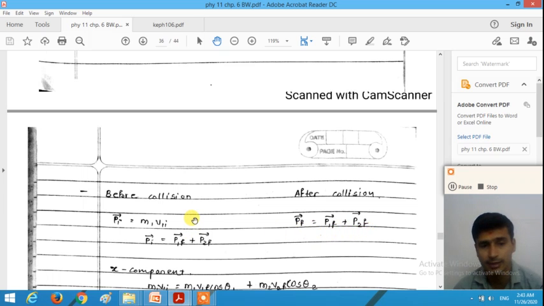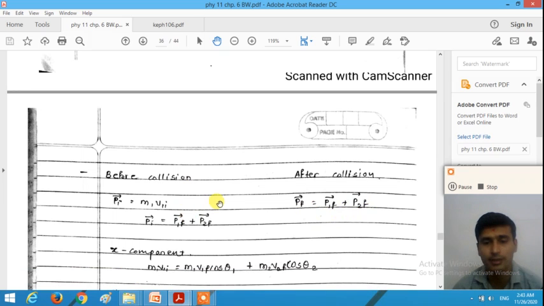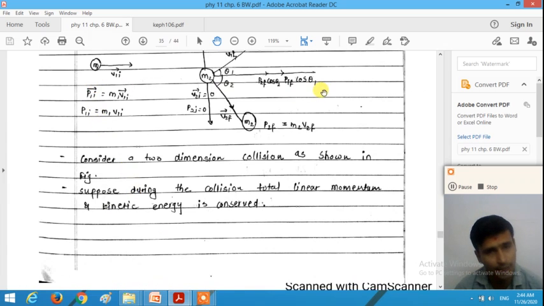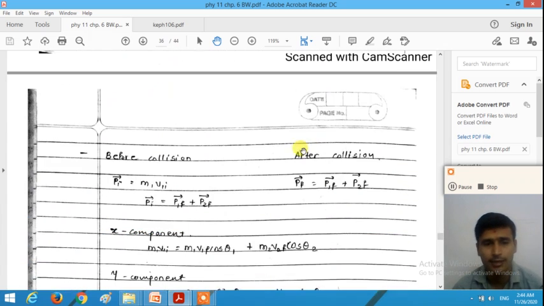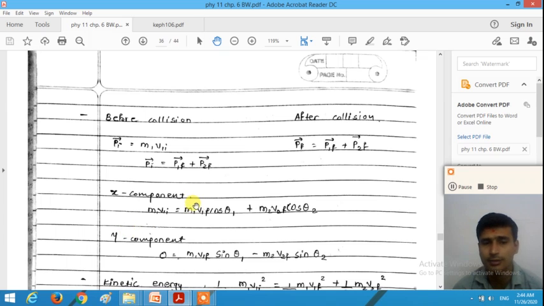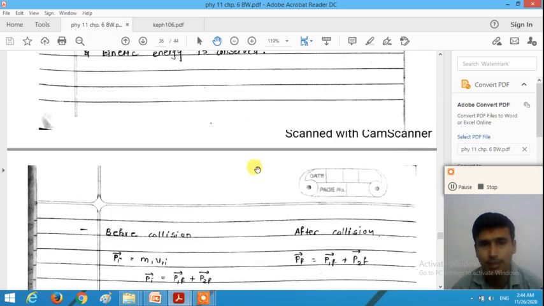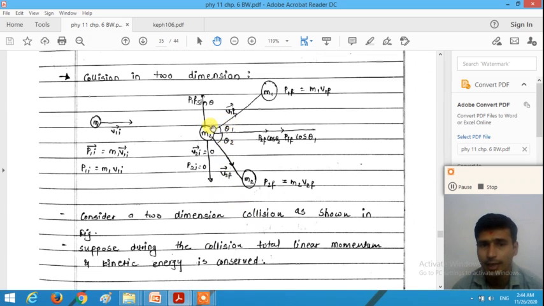But in this case, we need to represent the momentum in the form of its components, right? Let us consider the initial momentum Pi to be in the positive x direction, so it has only an x component, m1 v1i. But the final momentum p1f is equal to m1 v1f, and it makes the angle theta 1 with the x axis.